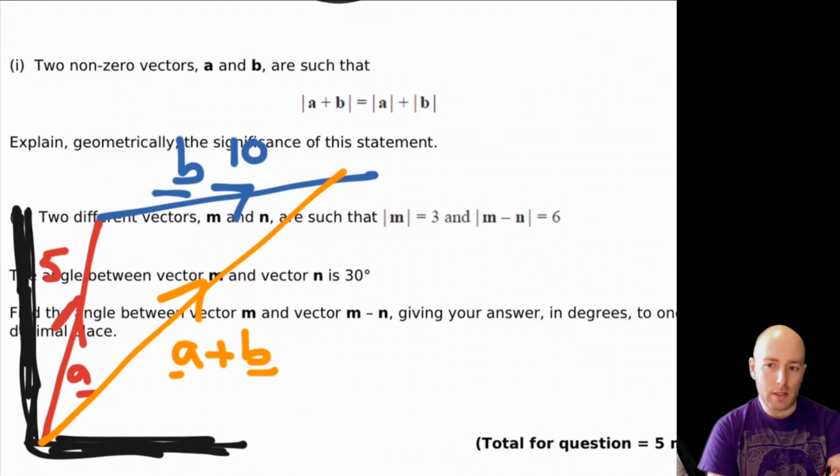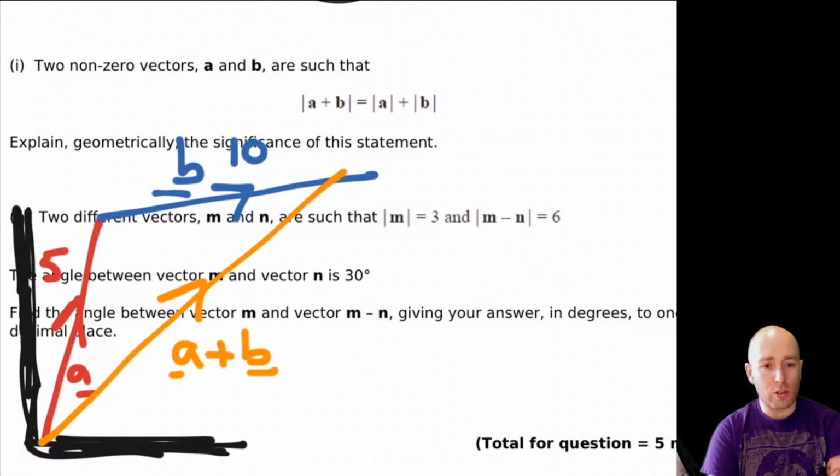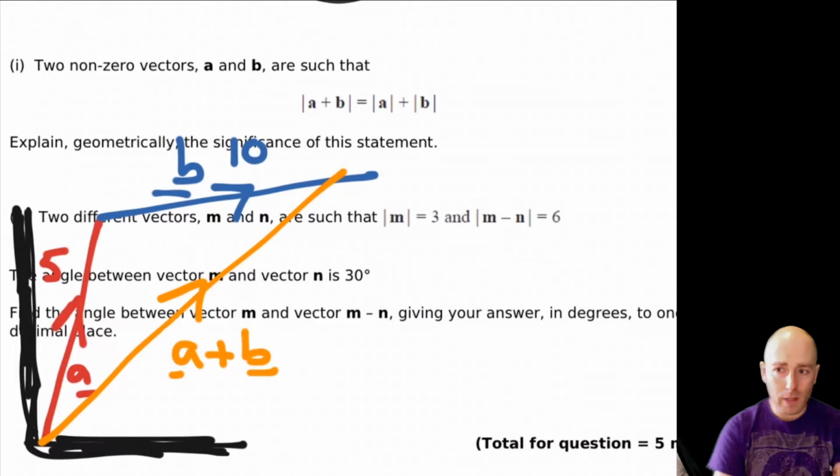We get 5 squared plus 10 squared. If it's not right angled, we could do cosine rule. We'd need an angle, but we could do it.